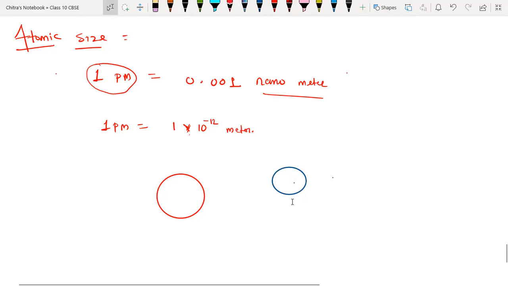Which one is smaller of these two? Sir, the blue one. How come? It appears smaller. If I would say the large one is small and the blue one is large, then?